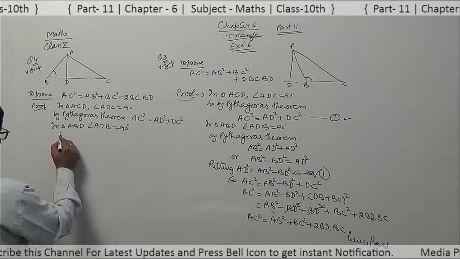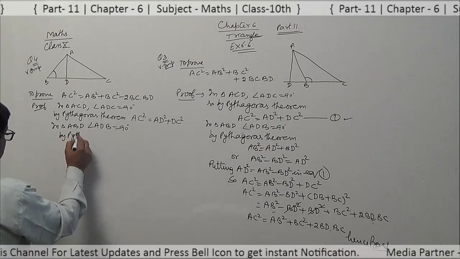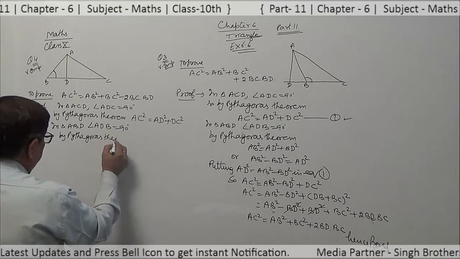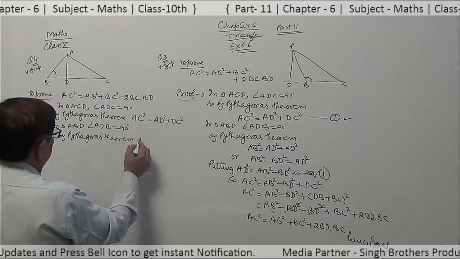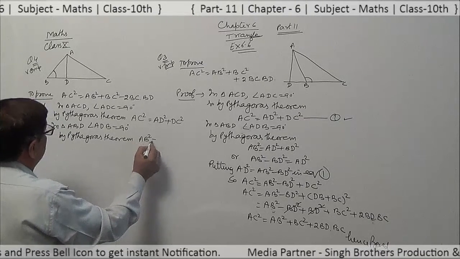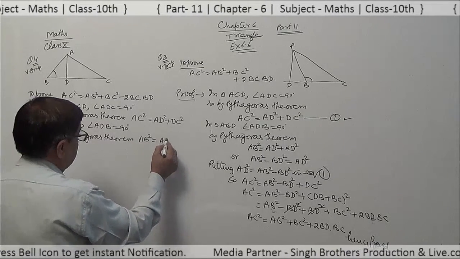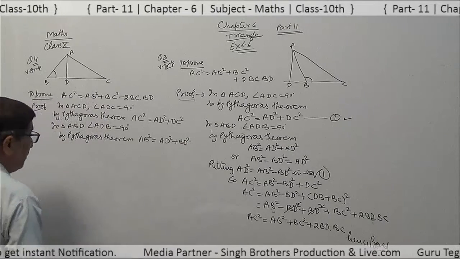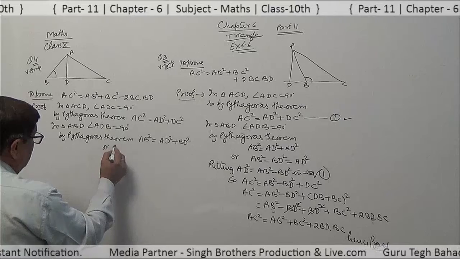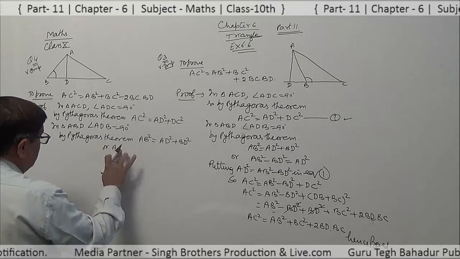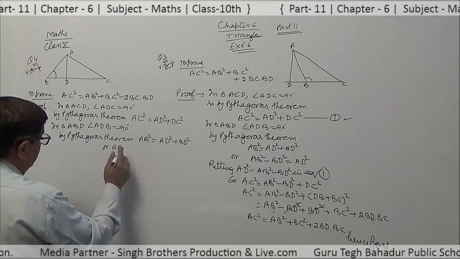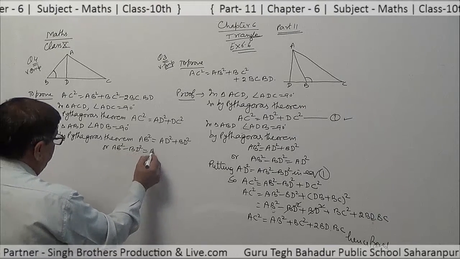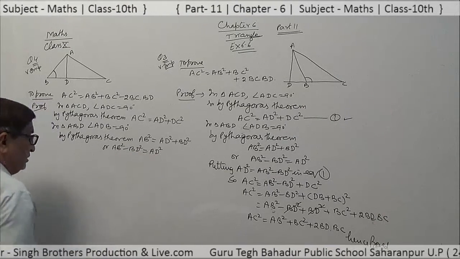So by Pythagoras theorem, AB square is equal to AD square plus BD square, or AB square minus BD square is equal to AD square.